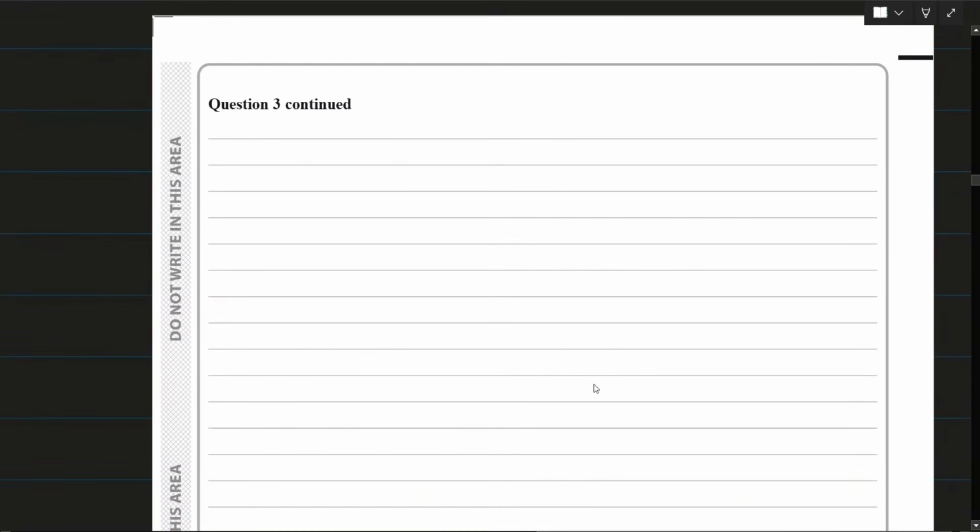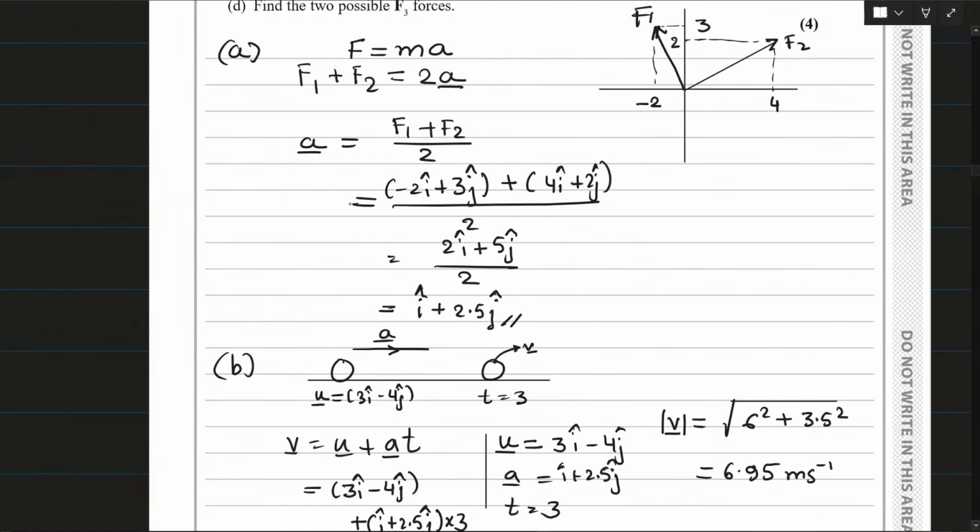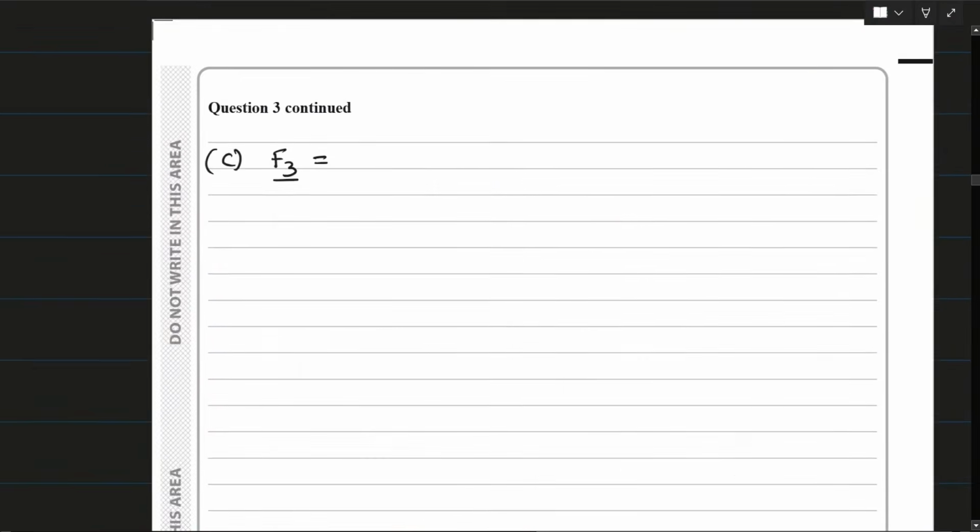So for part C, we already know that there are two forces acting on our particle P. Now there's a third force, F3, that also acts on our particle. So we have F3, and F3 equals Bi plus Cj.